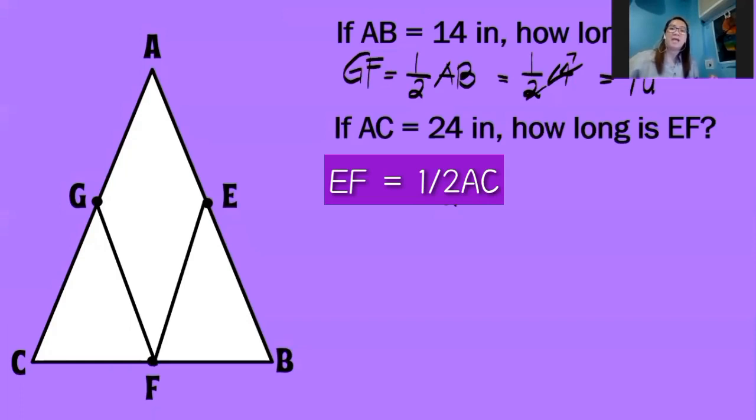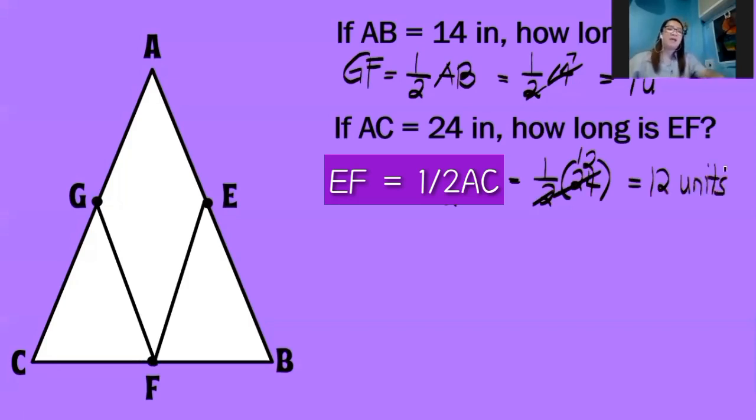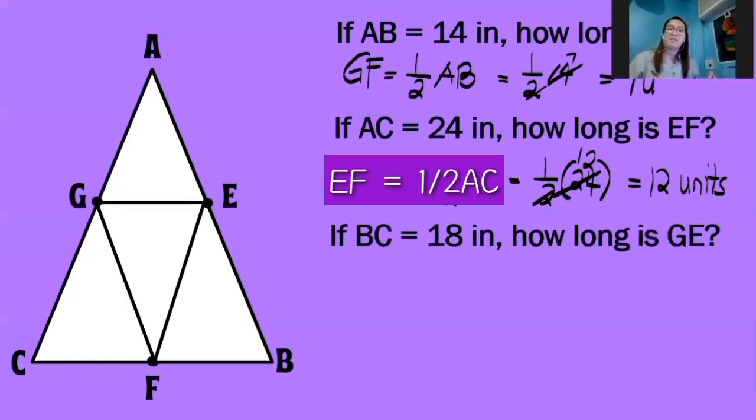Okay? Half of the third side. So with that, 1/2 times 24, it can be divided, making this 12. EF now is 12 units. And lastly, if BC is 18 inches, how long is GE? So GE, let's label this.